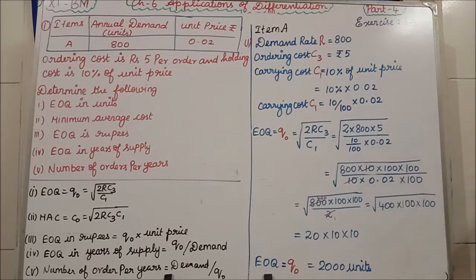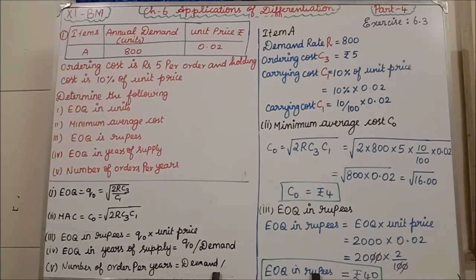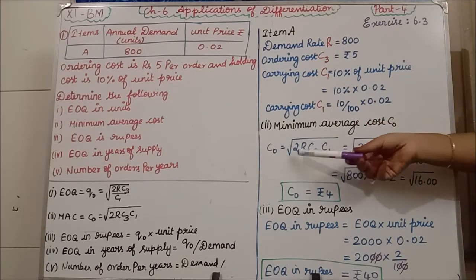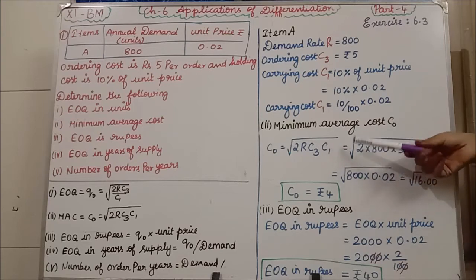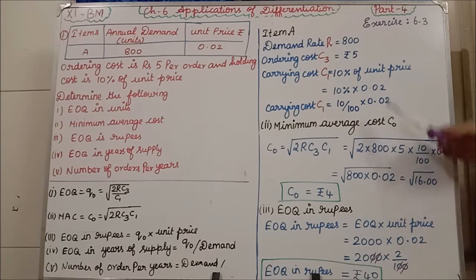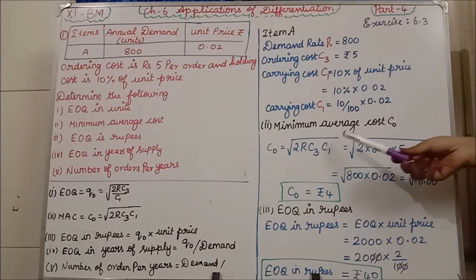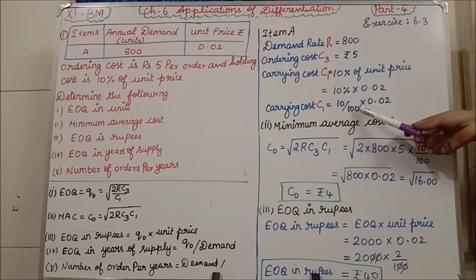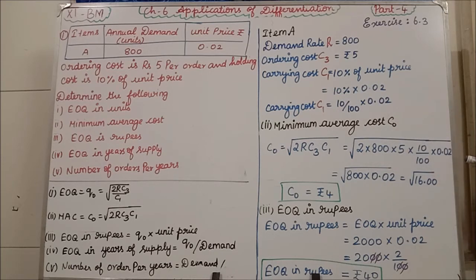Clear? Now next we will find the minimum average cost. This is the second part, minimum average cost, denoted by C0. The formula for that is square root of 2RC3C1, equal to square root of 2 into R value 800 into C3 value 5 into C1, which is 10 by 100 into 0.02.